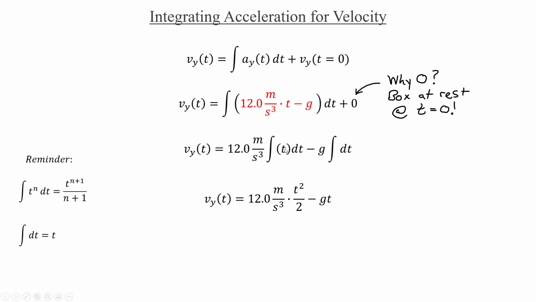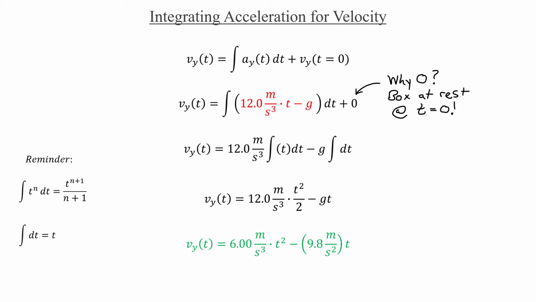Here we're integrating t to the power 1, and so you can see here t to the 1 plus 1 is t to the power 2, and this is how I'm getting t to the power 2 divided by 2. And likewise, we're integrating just 1 dt, and that's equal to t, and that's how this factor of t gets slapped onto g.